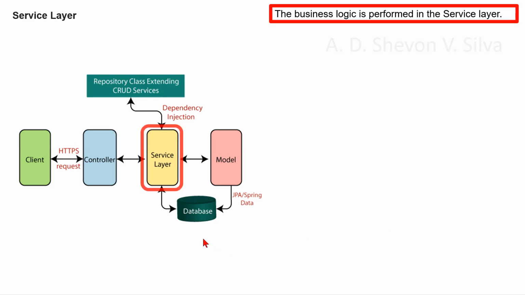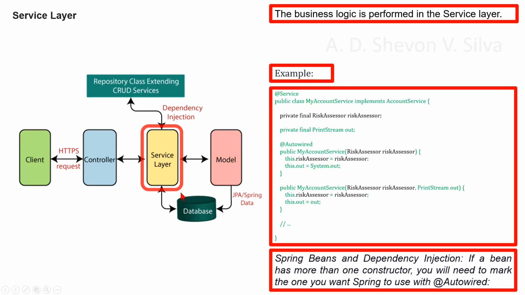Now we are focusing on the service layer. The business logic is performed in the service layer. As an example, we are considering this code. We are considering Spring Beans and dependency injection. If a bean has more than one constructor, you will need to mark the one you want Spring to use with @Autowired.